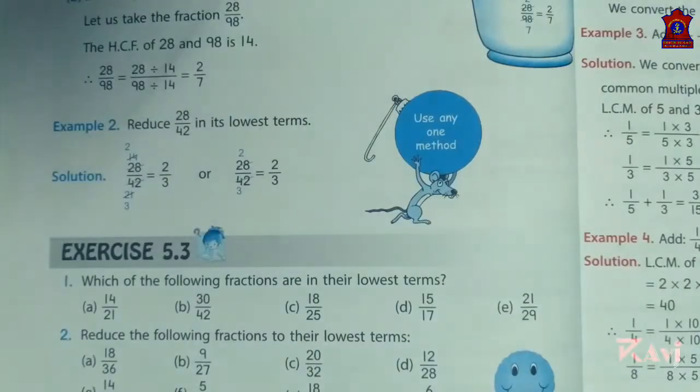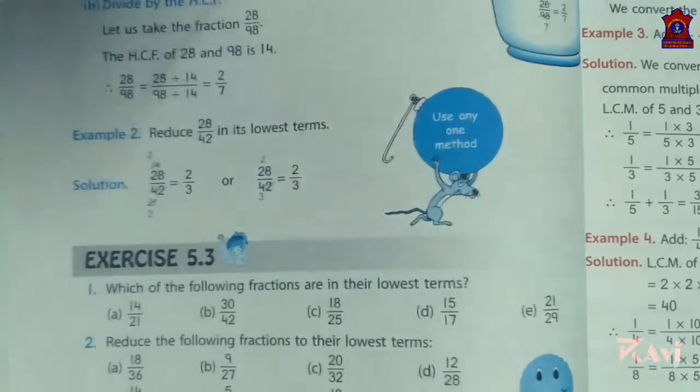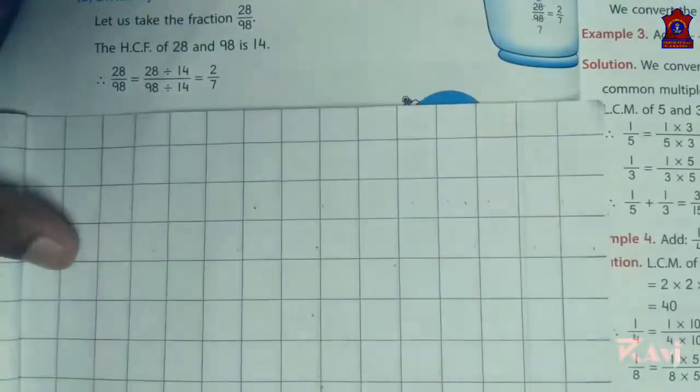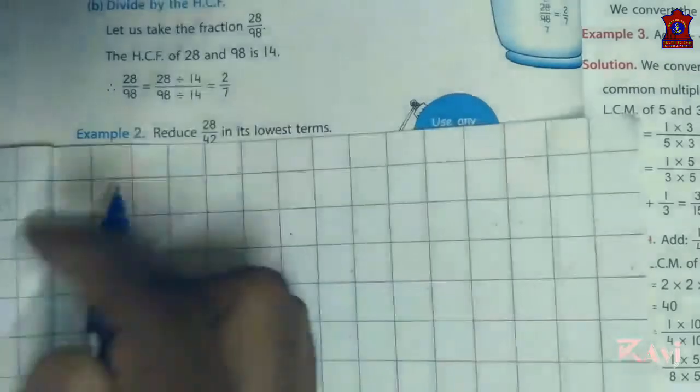Today we shall start exercise 5.3. Look at question number 1. Which of the following fractions are in their lowest terms? Here we need to find out of these fractional numbers how many are in their lowest terms. To find out we will be doing this exercise. What is today's date?